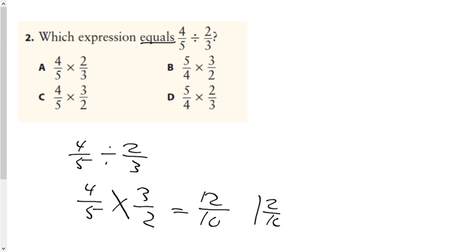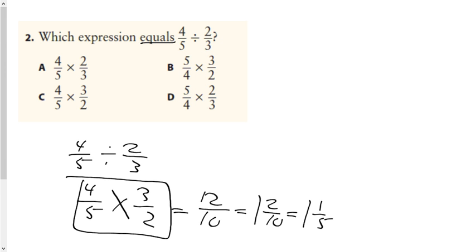And you get 1 and 2/10, which is 1 and 1/5. Same answer, but a much more efficient way of getting that answer. And therefore, I did all that work for nothing. But this expression is the multiplication of the reciprocal, and therefore, C is your answer.